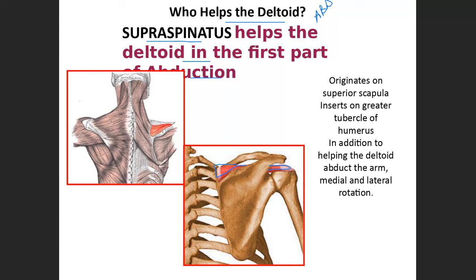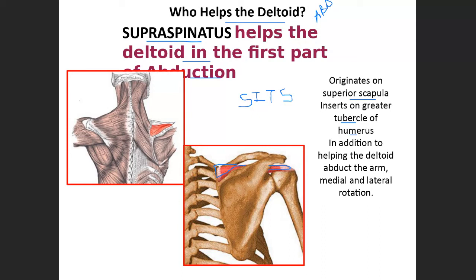The supraspinatus is the S of the rotator cuff muscles. We'll learn that the rotator cuff muscles is the mnemonic SITS. The supraspinatus originates in that supraspinatus fossa, and it's going to insert into the greater tubercle of the humerus.